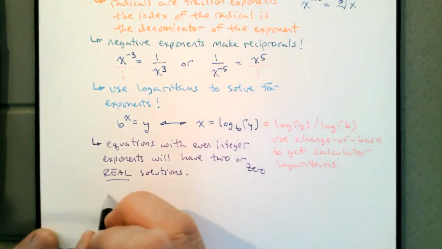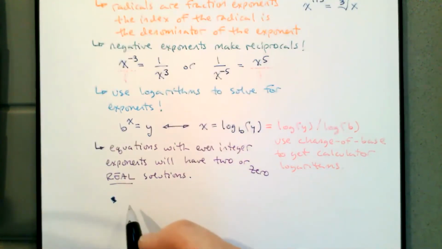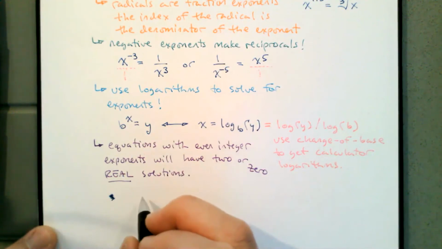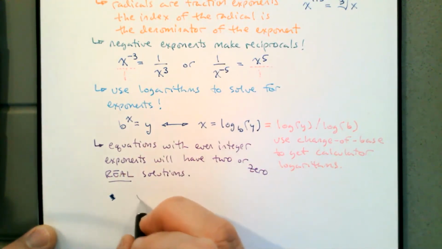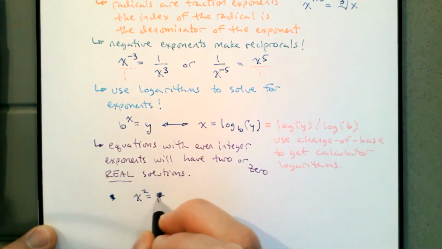So for example, if we have an equation that says x squared is equal to 4, I'm going to use 9.